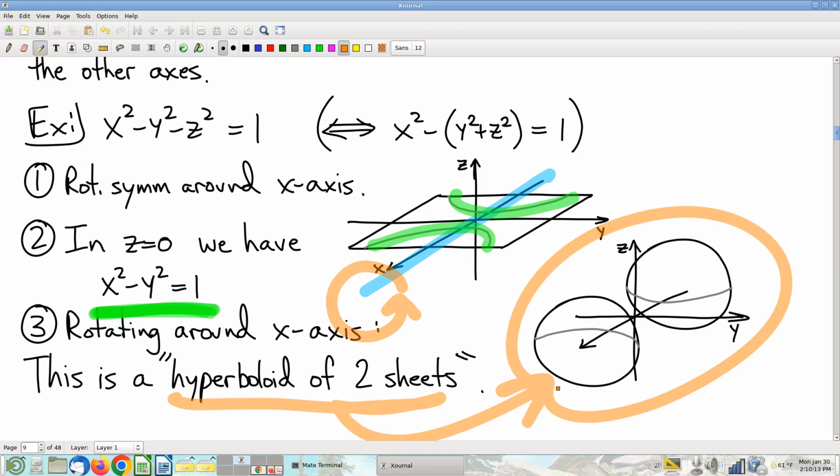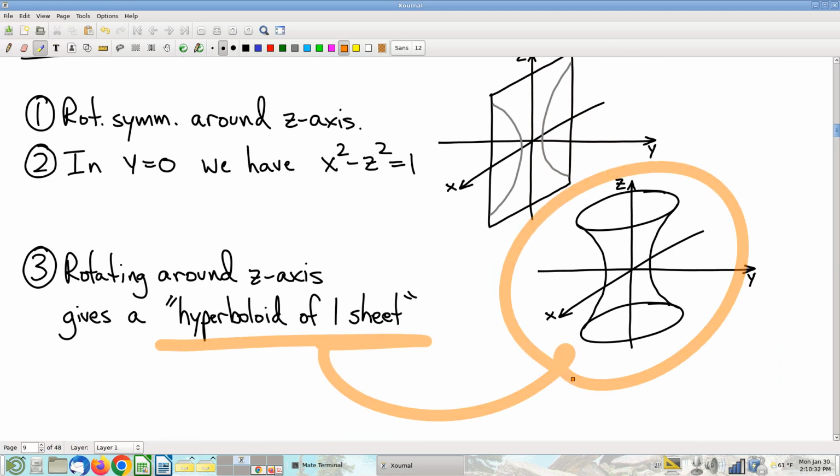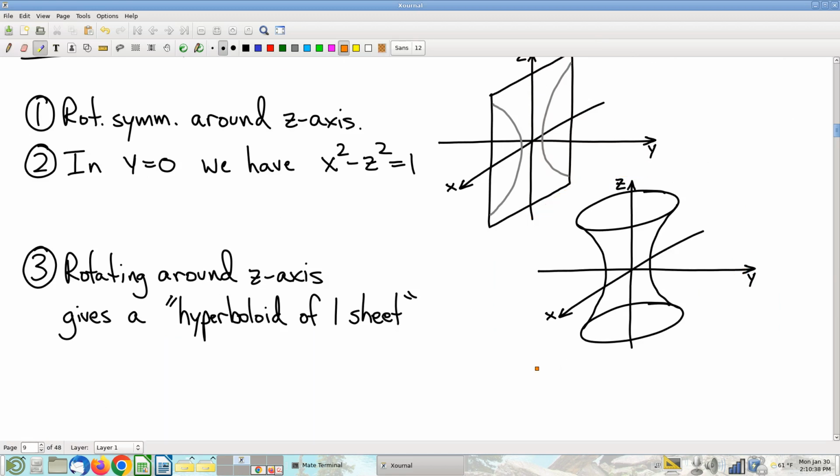Again, we're rotating a hyperbola, thus hyperboloid, and two sheets because there are two connected or disconnected components, I guess you might say. So thus the distinct clarification from the hyperboloid of one sheet, right, like that right there. Okay, everybody good? Is everybody happy?